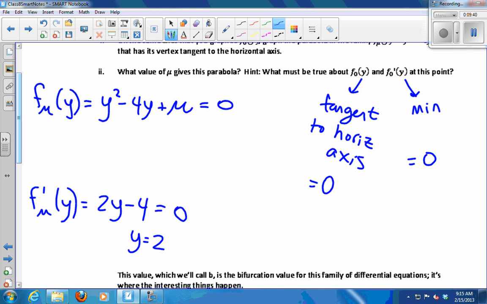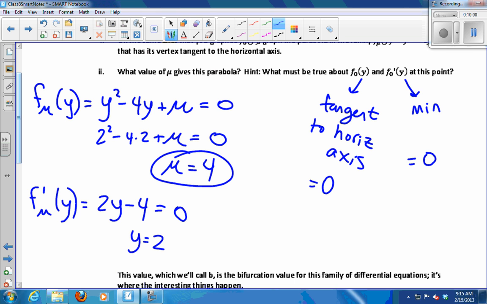Plug a 2 in here. Solve for mu, and you get positive 4. So we were able to answer this just by thinking about transformations, but you can also do it with calculus. Set the derivative and the function to 0.